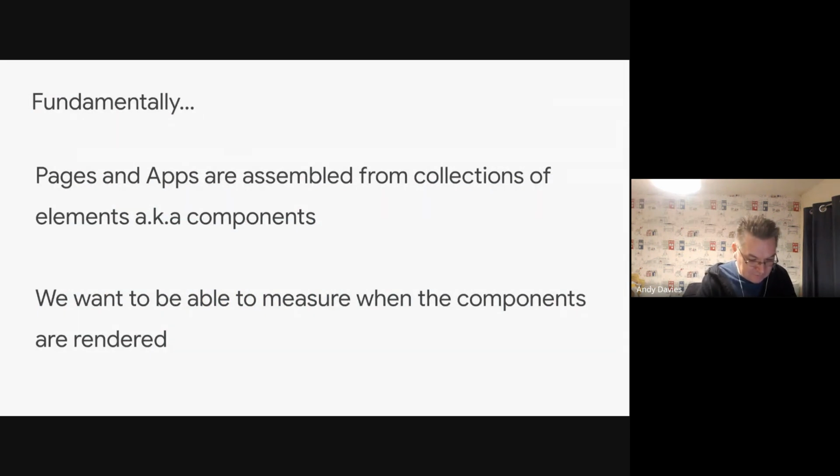I think there are perhaps two separate concerns. There's the example we've both got where we've got dynamic data that we want to be streamed in and measure when that's rendered. But secondly, or primarily, there's the whole concept that pages and apps are built from collections of components, and we want to be able to measure when those components are rendered so that we can measure the experience that people are really having on sites and apps.